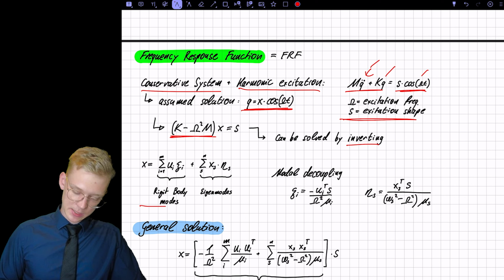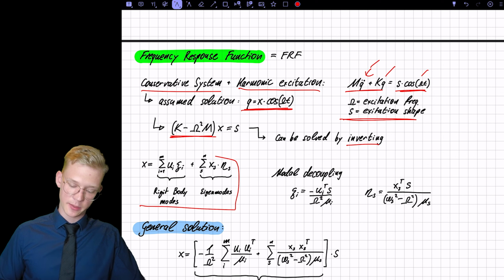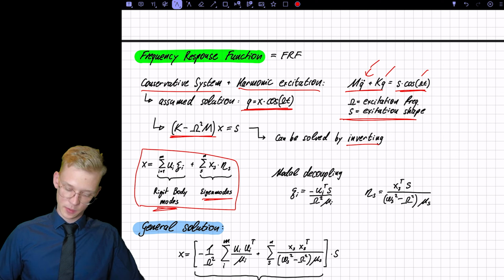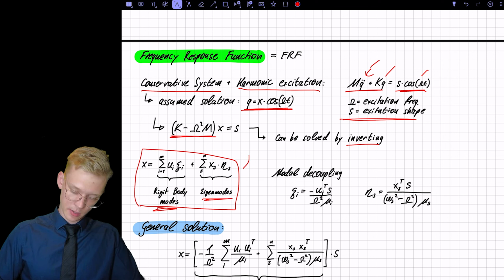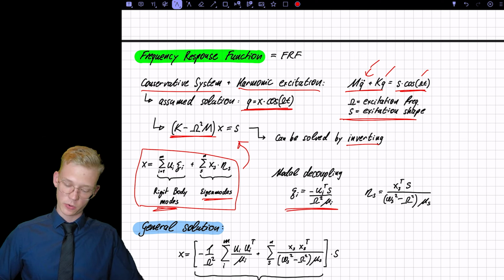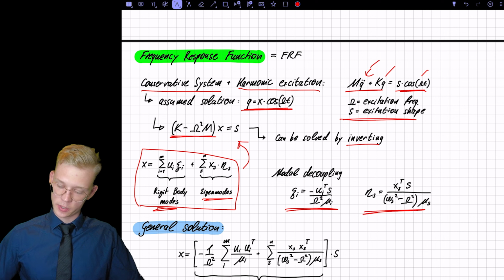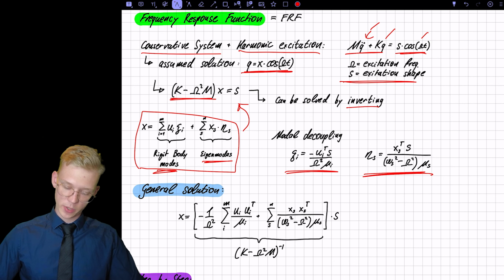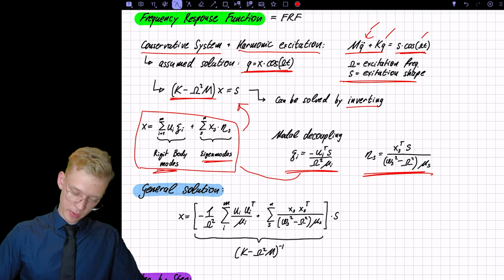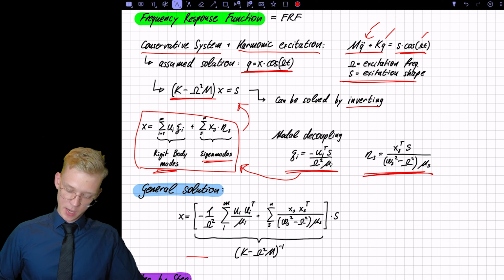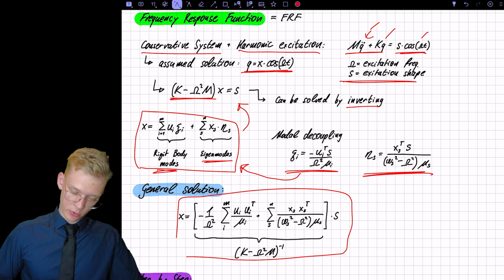So we do this expansion where we have the rigid body modes and the eigenmodes, and we insert them back into our system, and we get the modal decoupling of our x's and our etas. So now we can insert this back here, and we get our general solution of our system.